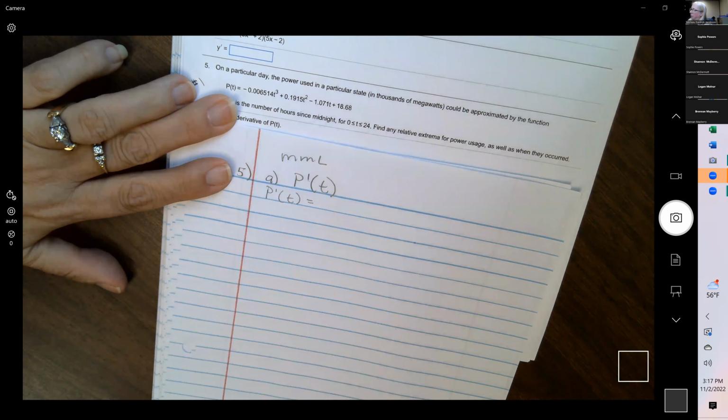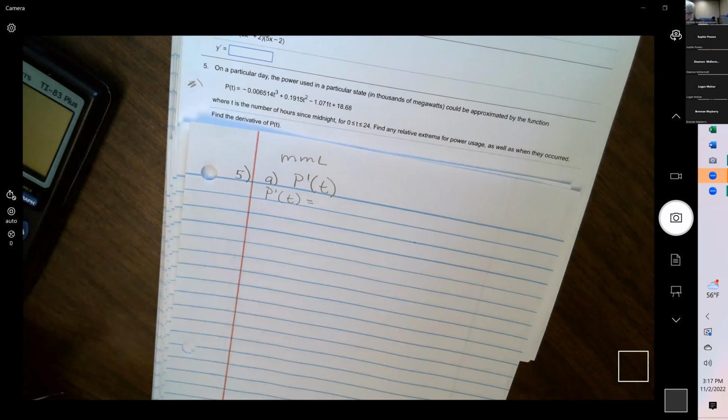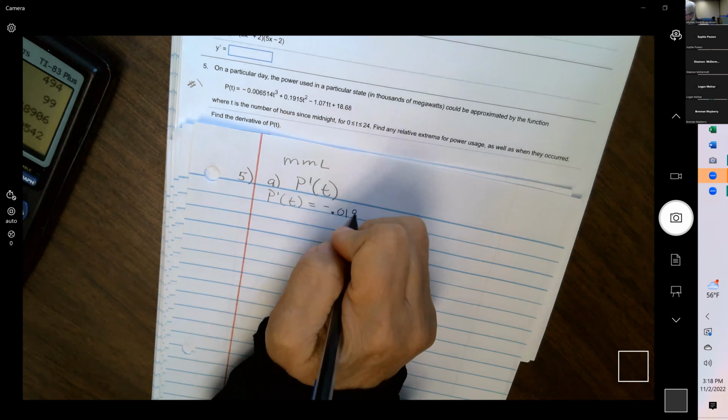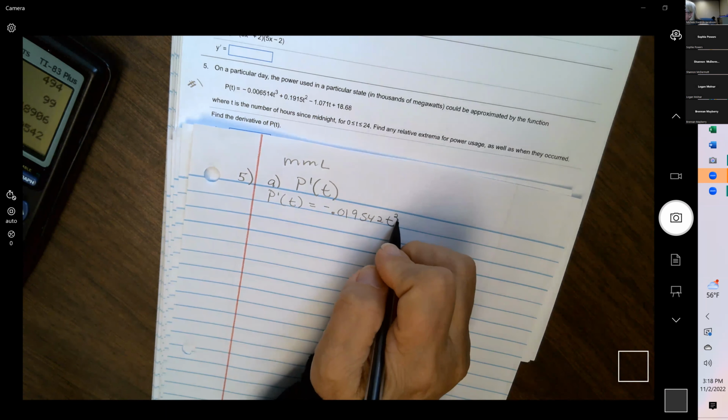Multiply 3 times the number 0.006511 times 3. So we multiplied by the 3, and then we subtract 1 and get 2.